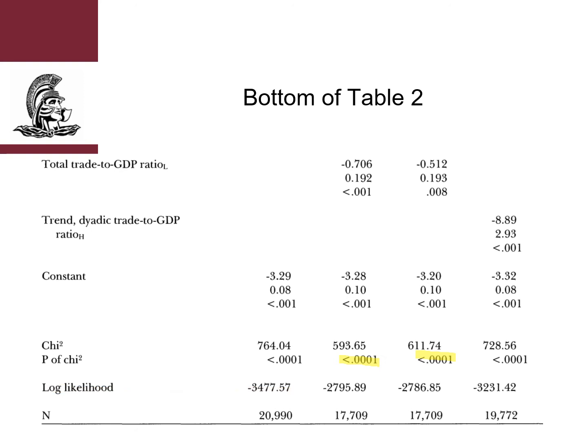How many of these observations they actually have, and it's a lot, right? There's 20,000 here, then 17,709. Why the difference in numbers?